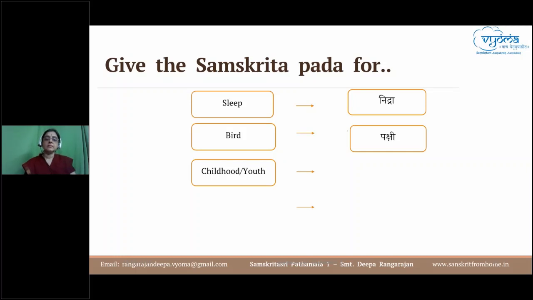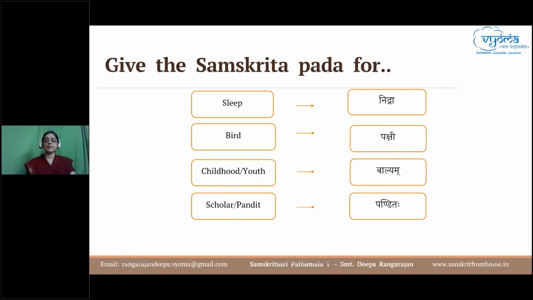Yuvakah. Here, the young boy or the girl is not what is meant by this. This is childhood or the youth. Balyah. Sorry. This is Balyam. Okay. Next is Scholar Pandit. Panditah. Very good. Dhanyavadah. Thank you.